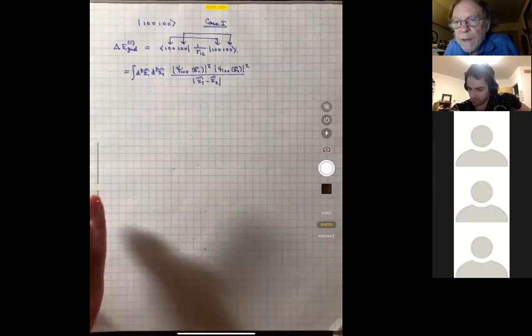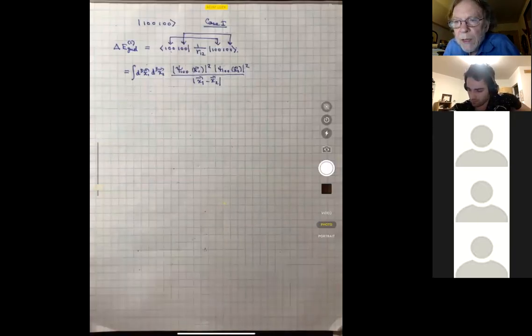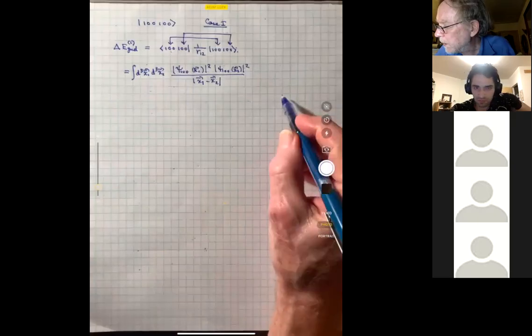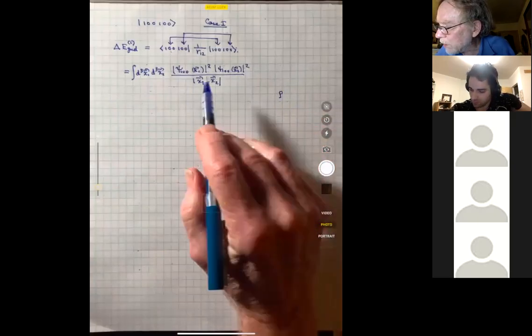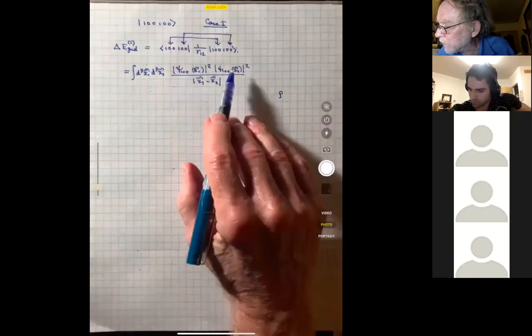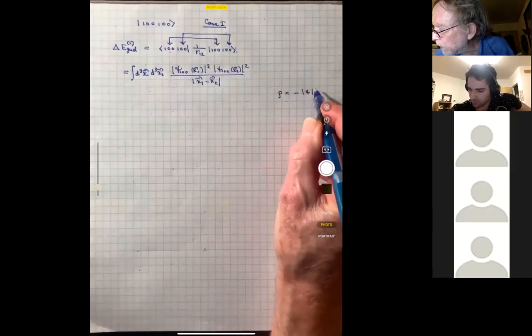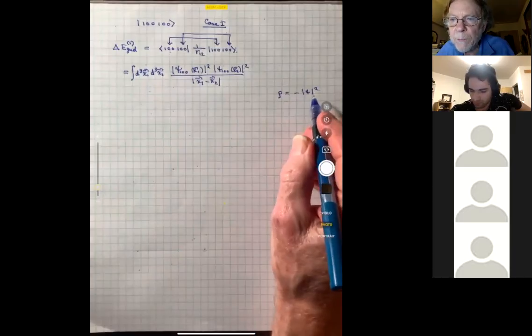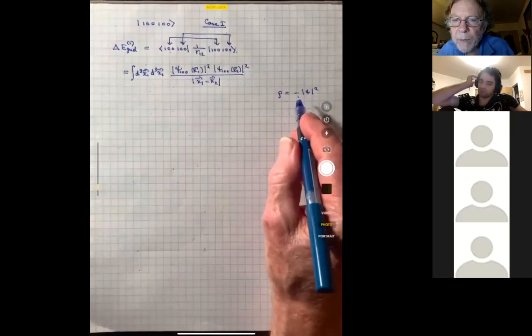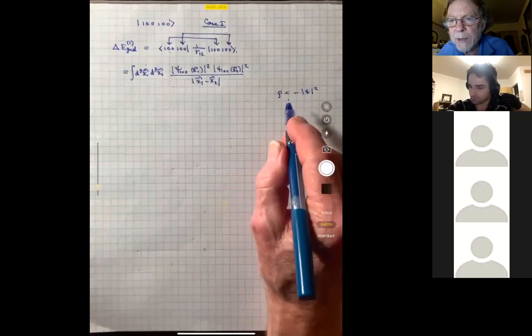The interesting fact about this energy shift is that it has an electrostatic interpretation. We're using atomic units here, so the charge of the electron is -1. That means the charge density for electron 1 as well as for electron 2 is minus the absolute value squared of the wave function. The square of the wave function is the probability density, and if we multiply it by the charge of the electron, -1, we can interpret that as a charge density.